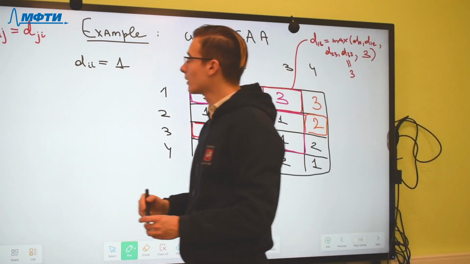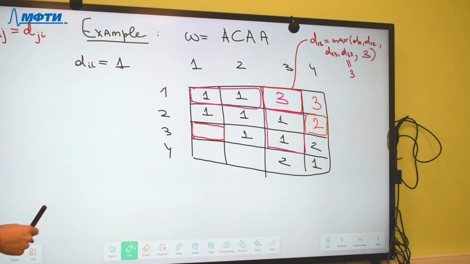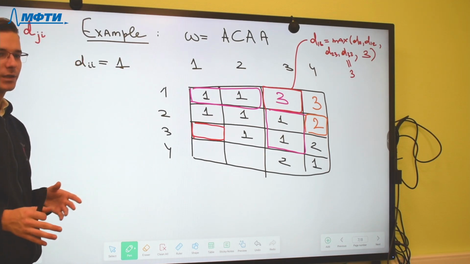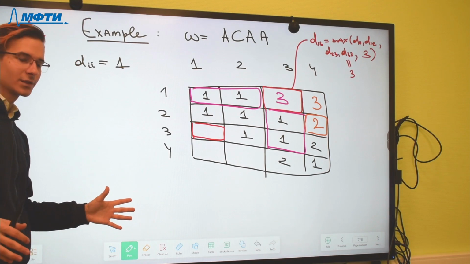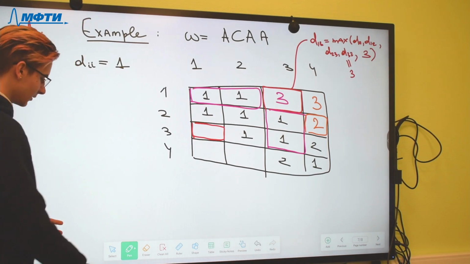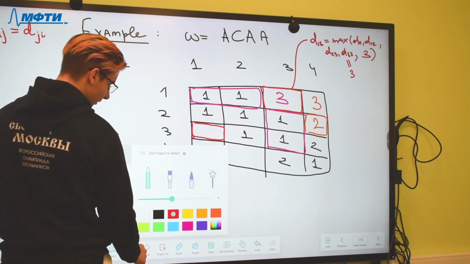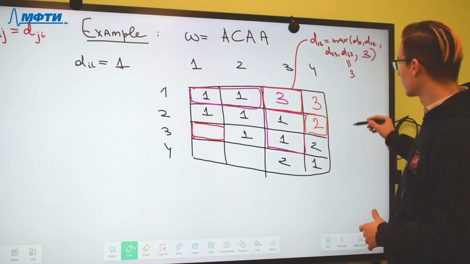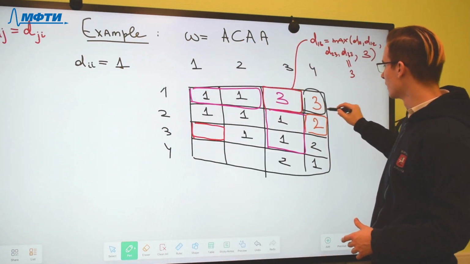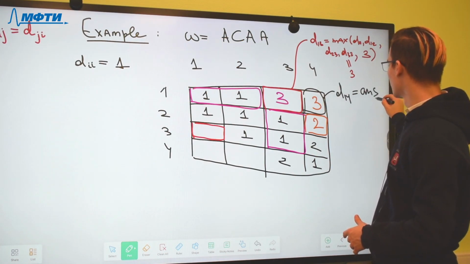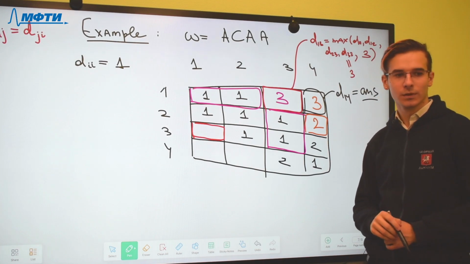And so what is the answer to our question? The maximum palindrome from 1 position to n position. D with index 1 and n. It's the answer for our task.